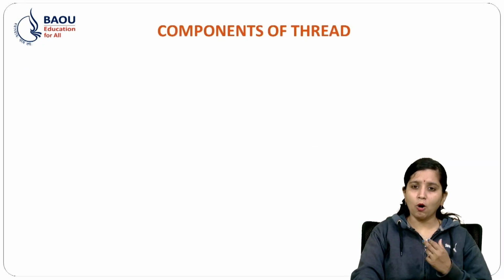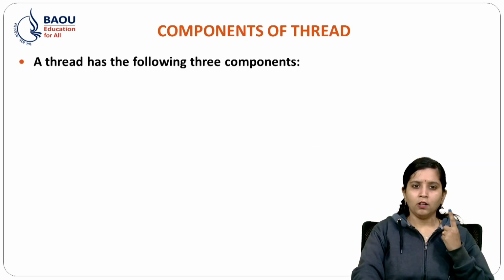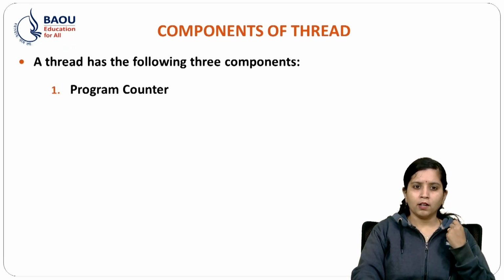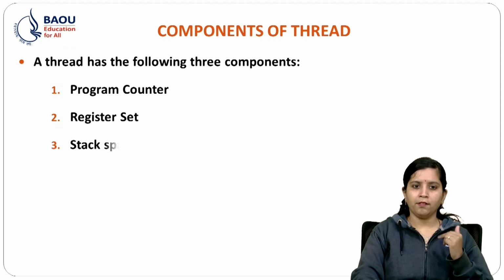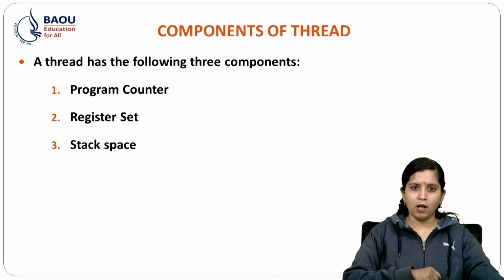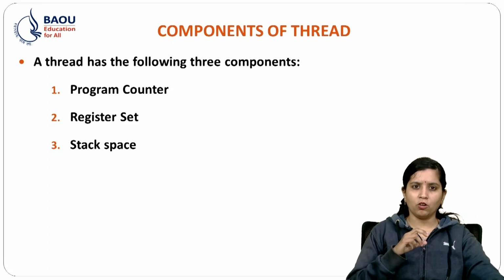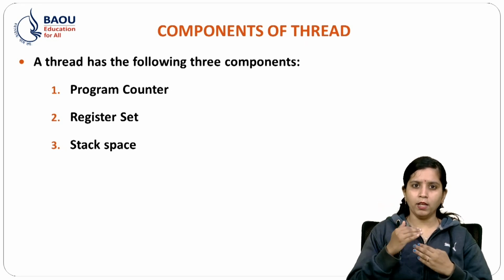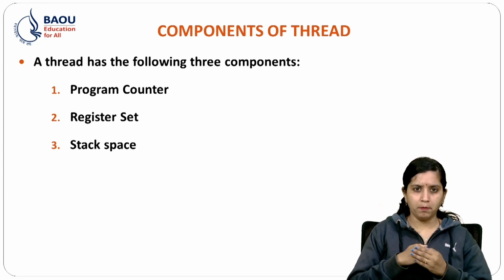So what are the components of thread? A thread comprises of three components: program counter, register set, and stack space. So what is program counter? Program counter contains the address of the next instruction to be executed from the memory.